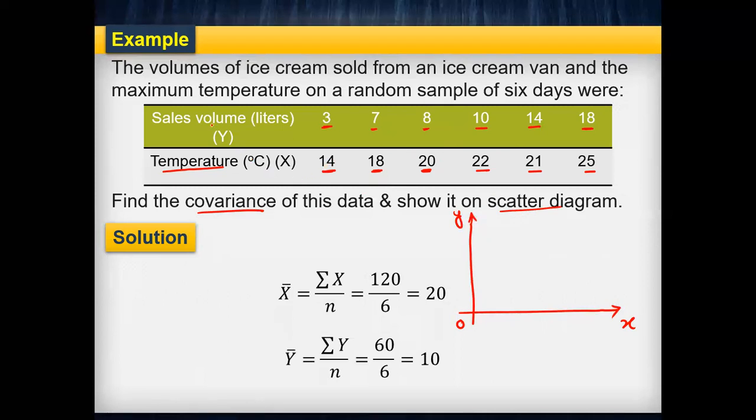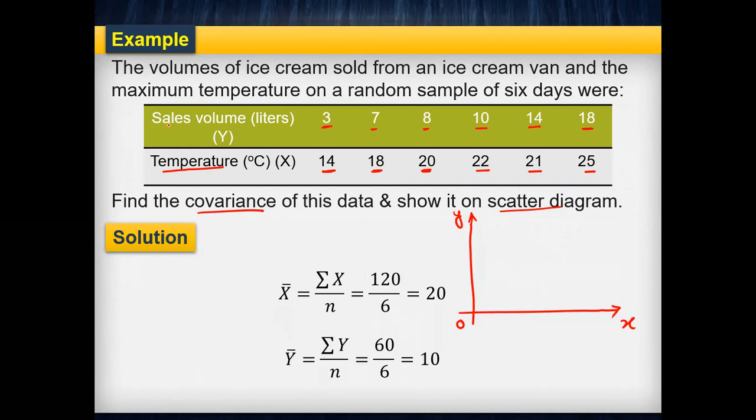One thing at the beginning of the question: x and y will not be provided, meaning which variable is x and which one is y. You have to use your common sense and general knowledge to identify which variable is independent and which is dependent. For example, can sales change the temperature?